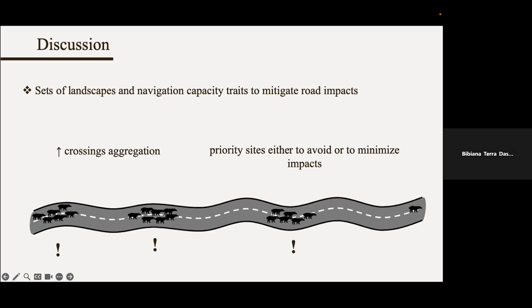Using this approach, we can also think of conservation strategies to maximize ecological connectivity, but also to minimize the risk of wildlife-vehicle collisions, especially when we do not have real data, so when we are building new roads or railways.